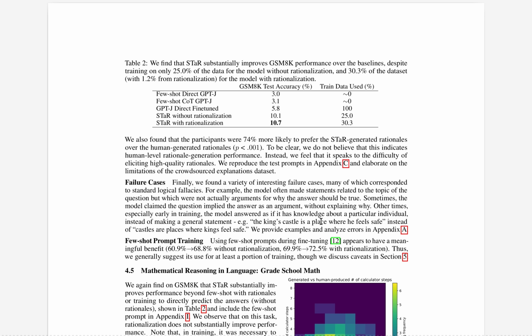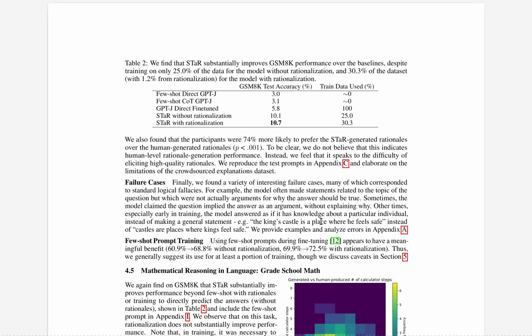Failure cases. Finally, we found a variety of interesting failure cases, many of which correspond to standard logical fallacies. For example, the model often made statements relating to the topic of the question, but which were not actually arguments for why the answer should be true. Sometimes the model claimed the question implied the answer as an argument, without explaining why.